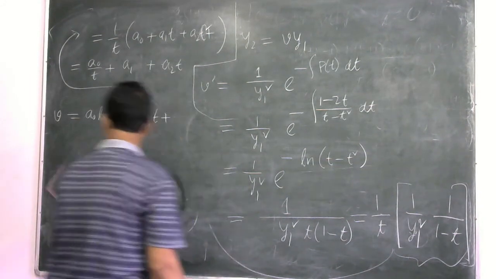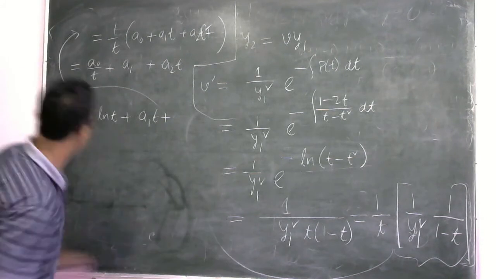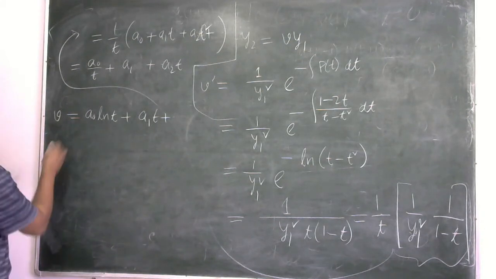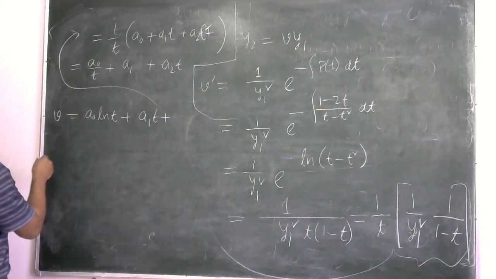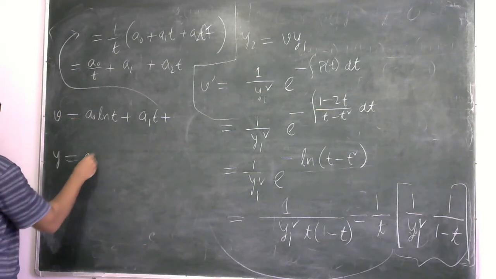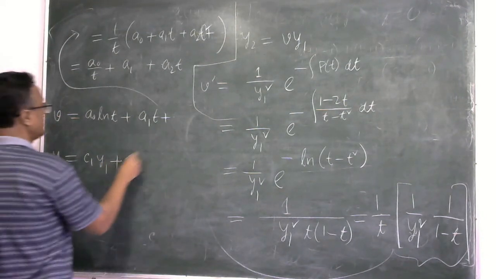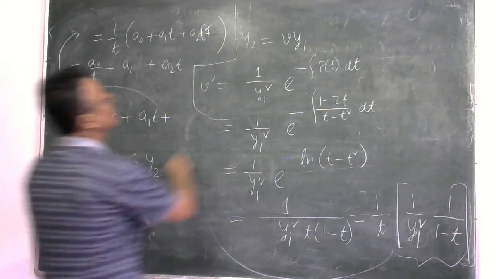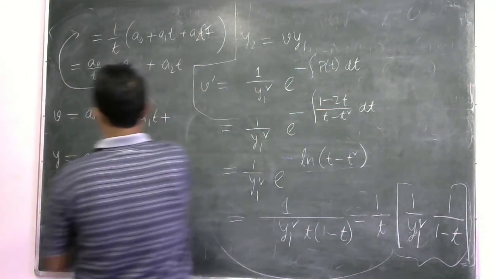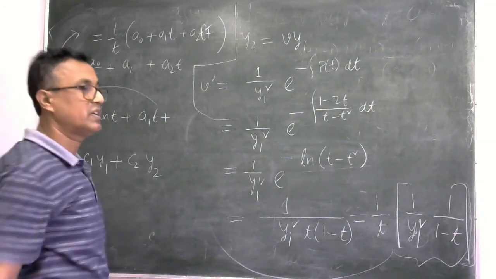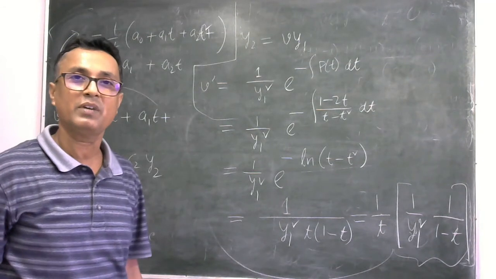So the solution I am going to get is going to be something like this. Your y equal to c1 y1 plus c2 y2, where y2 is given by v y1, and of course v is given by this. Is it okay with everybody? Right?